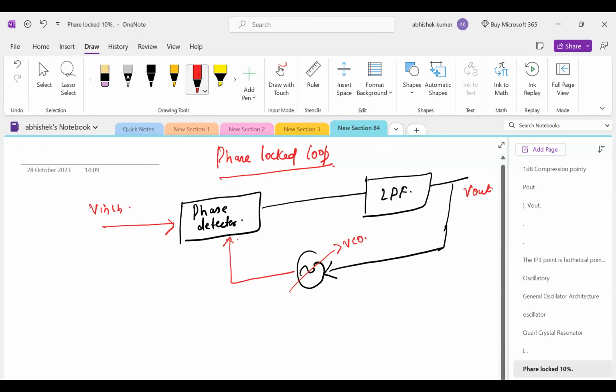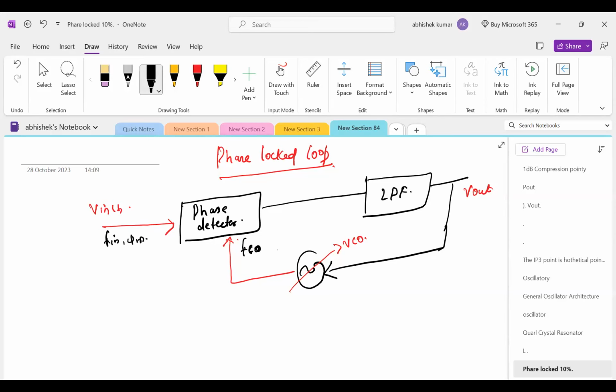This is your V output. So when we have the V input, we have a fixed frequency F in and phi in. When the phase is locked, it means that it is tracking the phase. Then the frequency of the VCO will be equal to the input frequency. When the PLL is locked, then F input equals F VCO. And in this way it is tracking.